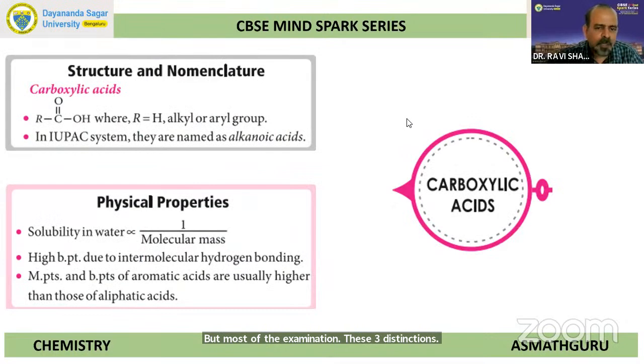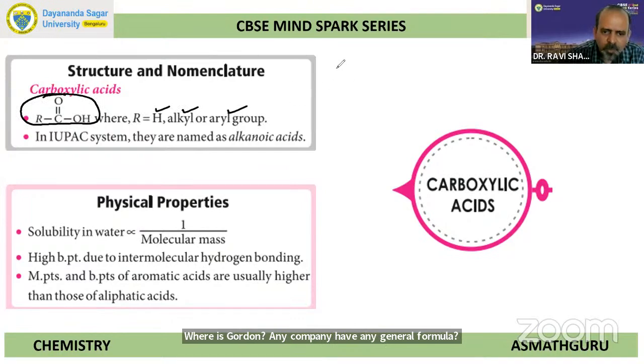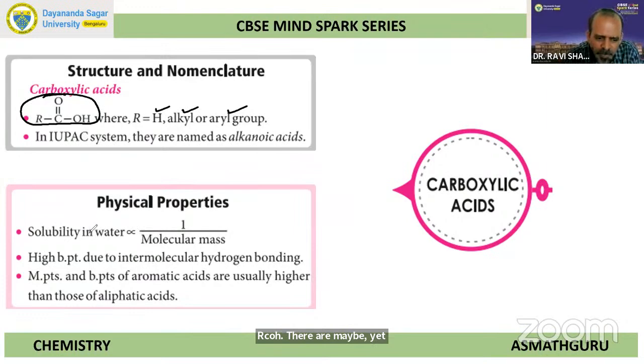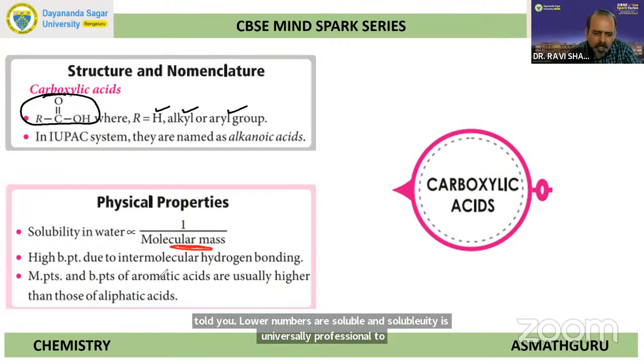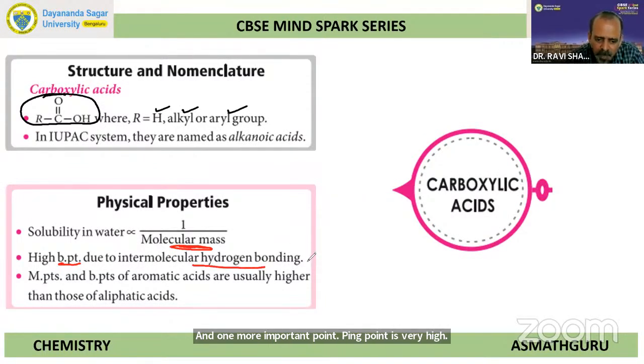Next, we'll go to carboxylic acids. What is a carboxylic acid? Any compound having the general formula RCOOH, where R may be H or an alkyl group. Physical properties, I already told you. Lower members are soluble, and solubility is inversely proportional to molecular mass, meaning the number of carbons. One more important point: boiling point is very high. Why, sir? Because of intermolecular hydrogen bonding, they form a dimer.